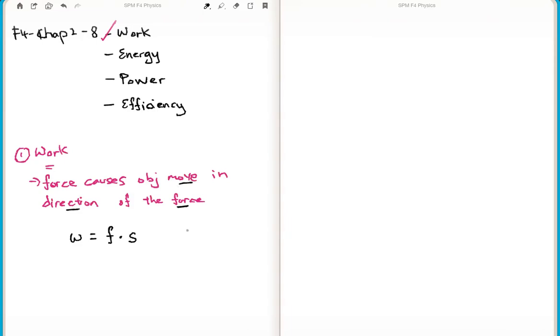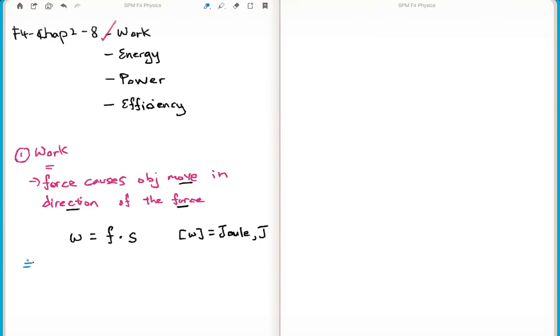Before I go further, let me define the unit for work done. You have a special unit called joule, or just the symbol J. So based on this equation, what does it mean by work done?